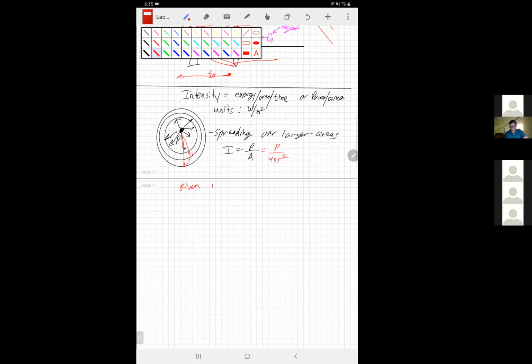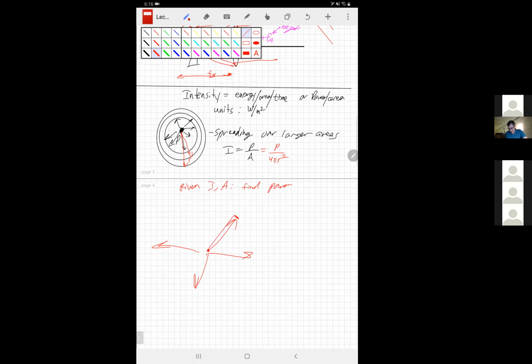So if we're given I and A, we can find the power. If I were told that we've got a source and everything from that source is spreading out in all directions, and we're just going to look at a little surface far away, technically the intensity is different on different segments.